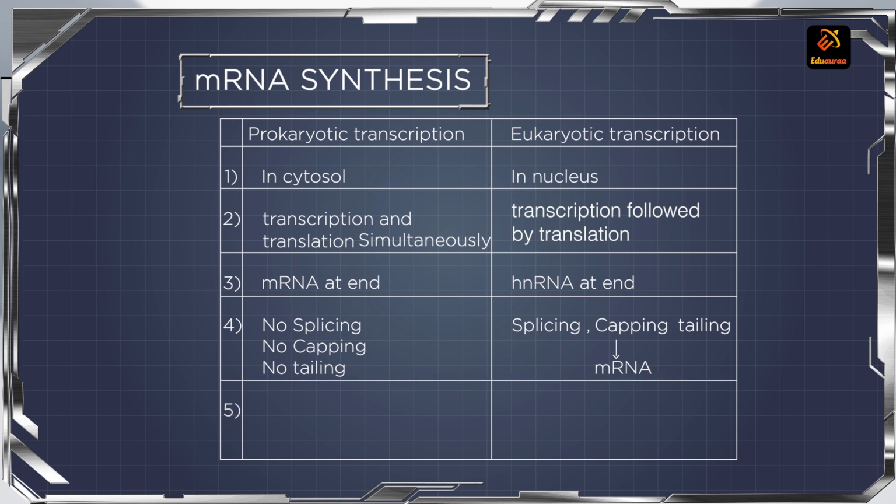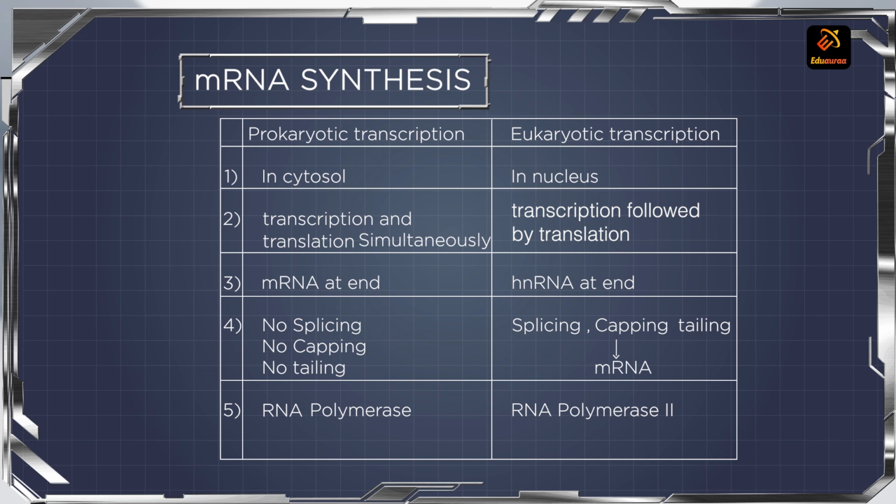Again, in prokaryotes, what is the enzyme responsible for the synthesis of mRNA? That is RNA polymerase. Whereas in the eukaryote, this enzyme is particularly RNA polymerase 2.